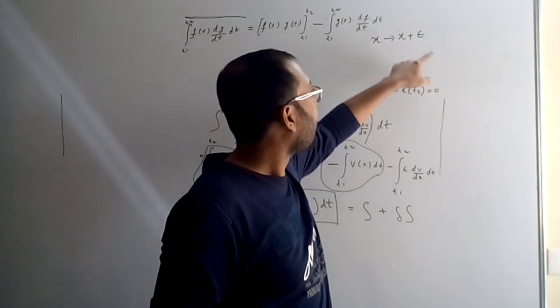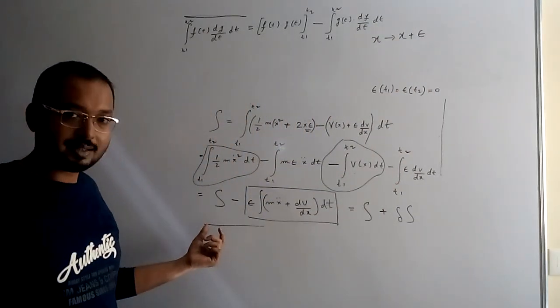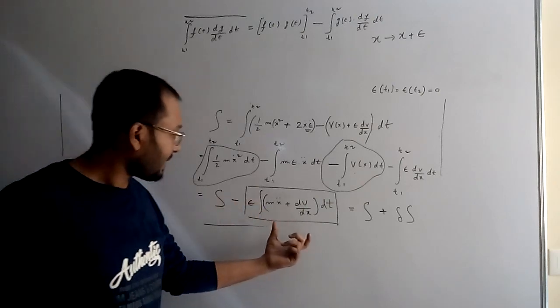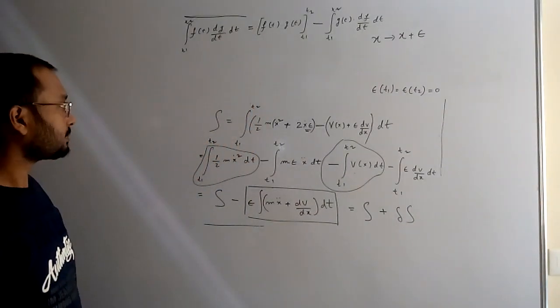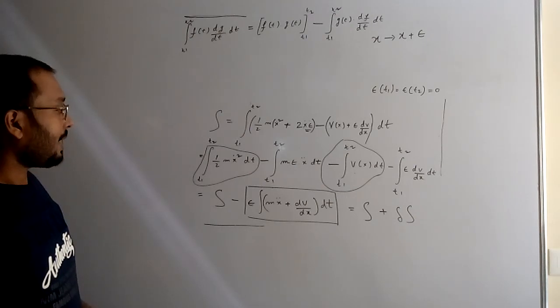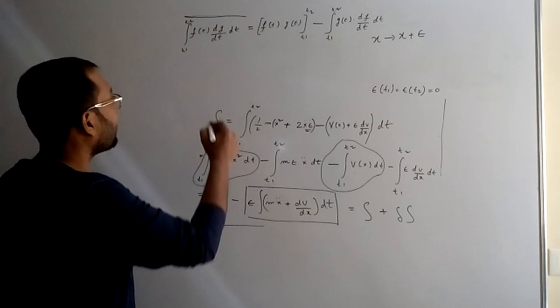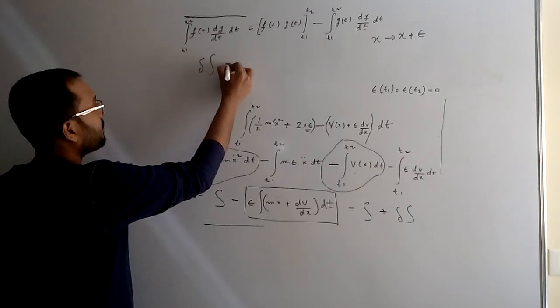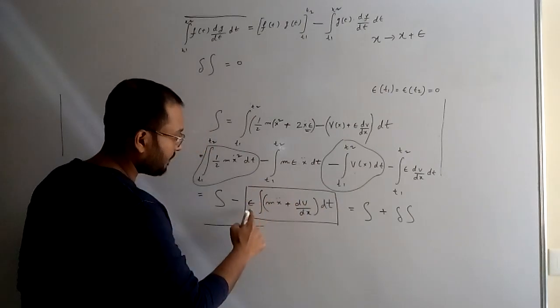And I had missed my correct path by an amount epsilon. So I got back my original action plus something extra, which is the variation in action. And if my path has to be the correct path, the variation in action has to be 0, which means this quantity has to be 0.